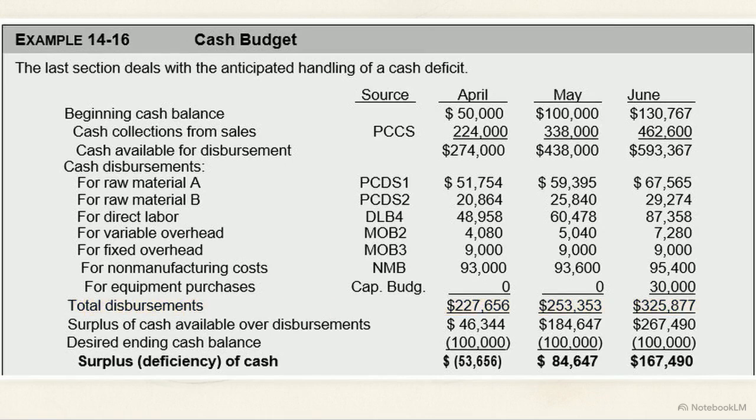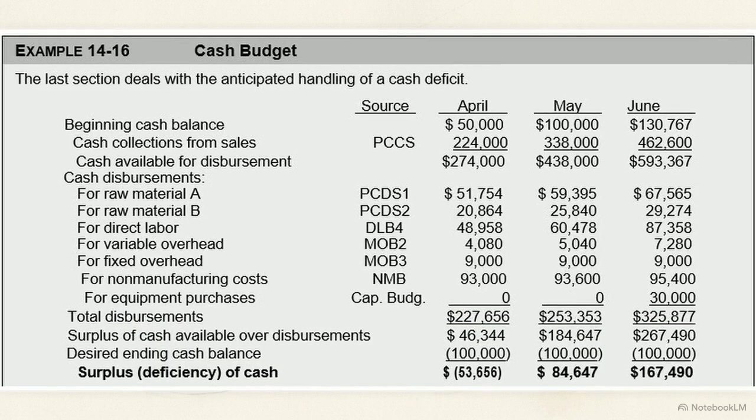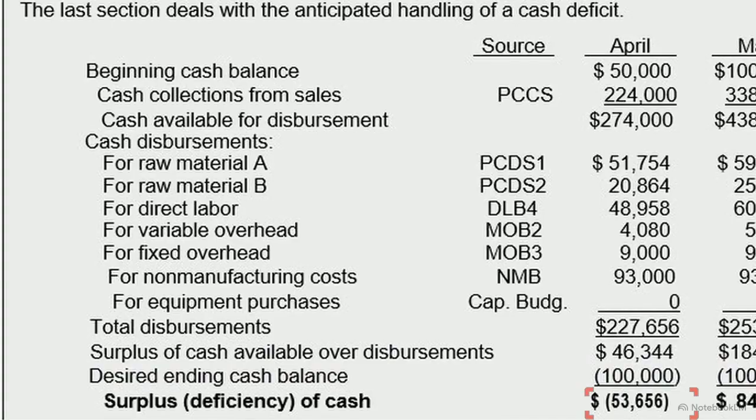But there is a final hurdle. Corporate policy or debt covenants frequently require a mandatory minimum cash reserve. Here, a desired ending balance of $100,000 must be held back. Subtracting the required disbursements and the $100,000 reserve from the available cash leaves an April deficit of over $53,000.